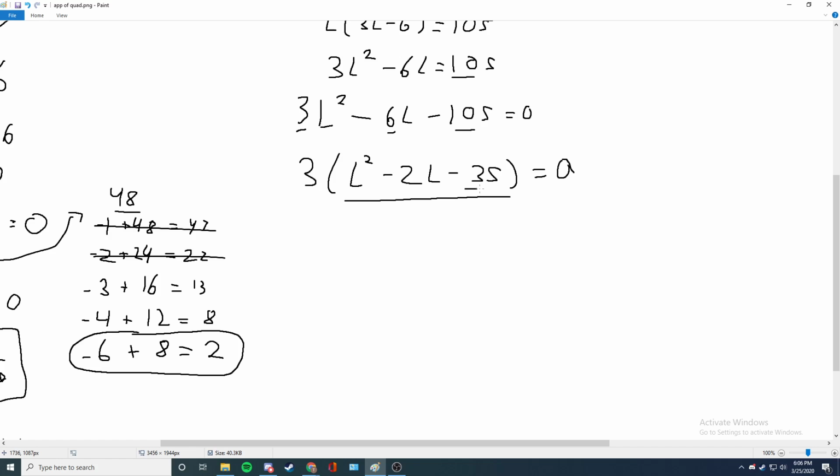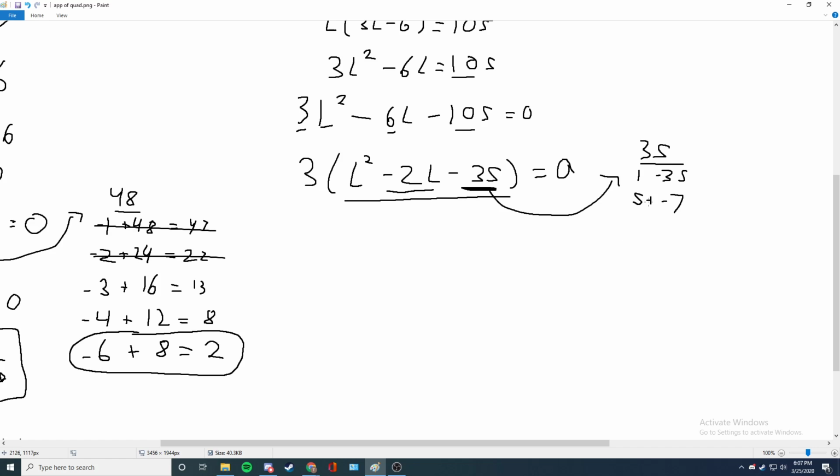So we need to pick two factors of negative 35 that add up to be negative 2. So let's figure out those factors first. We get 1 and 35, and 5 and 7. So since we need them to add up to be negative, that means the bigger numbers will be negative in this case.